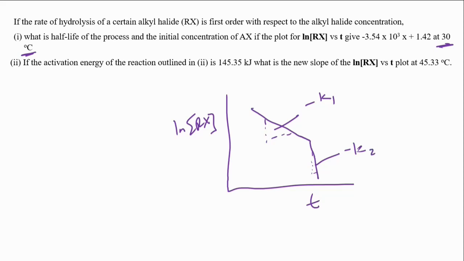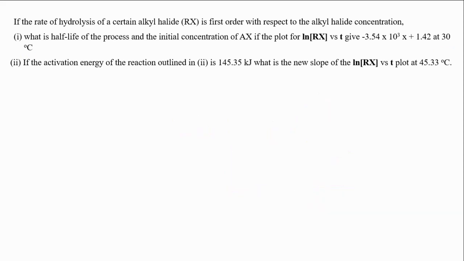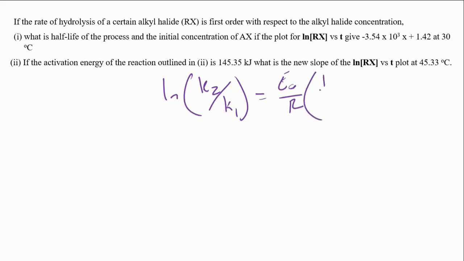Now, where can we make use of two rate constants and activation energy? Look, in the Arrhenius equation, which tells us that ln k2 divided by k1 is equal to Ea, the activation energy, over R times 1 over T1 minus 1 over T2.